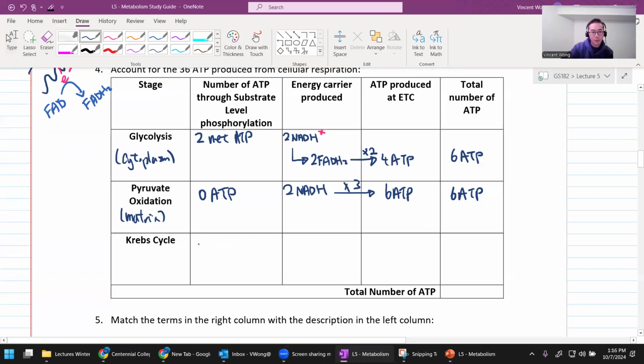Okay, it's going to help you out a little bit. So this is 2 ATP, 6 NADH, 2 FADH2. We're going to multiply this by 3 and multiply this by 2, which gives me 18 and 4.